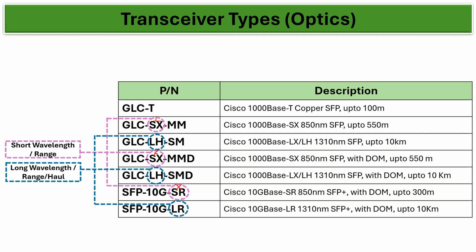Fundamentally, short range is for the multi-mode fiber capability, while long range is for the long haul or the single mode. So SX or SR, wherever we see, is short range, short wavelength for the multi-mode, while LH or LR is for long haul, that is single mode fiber.